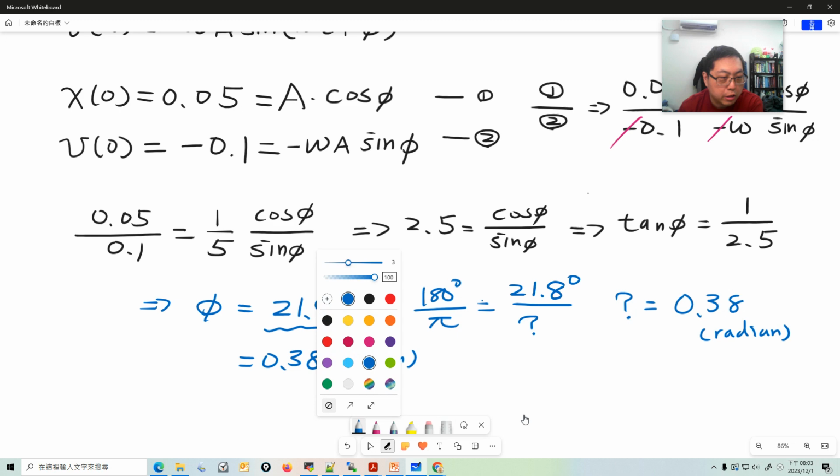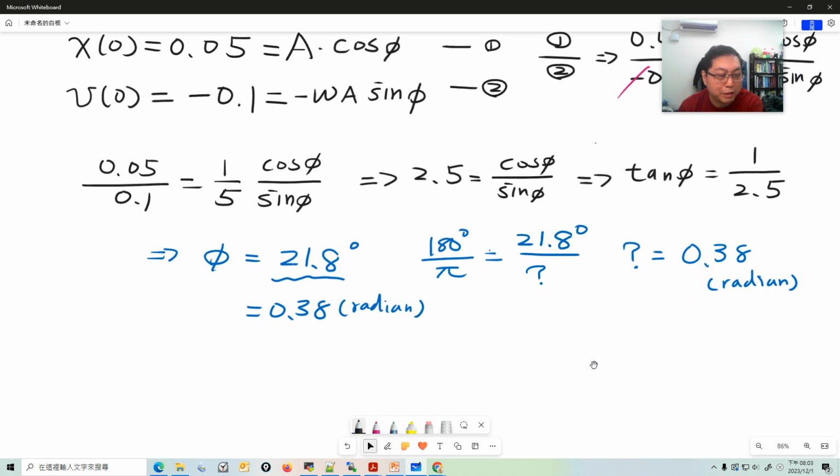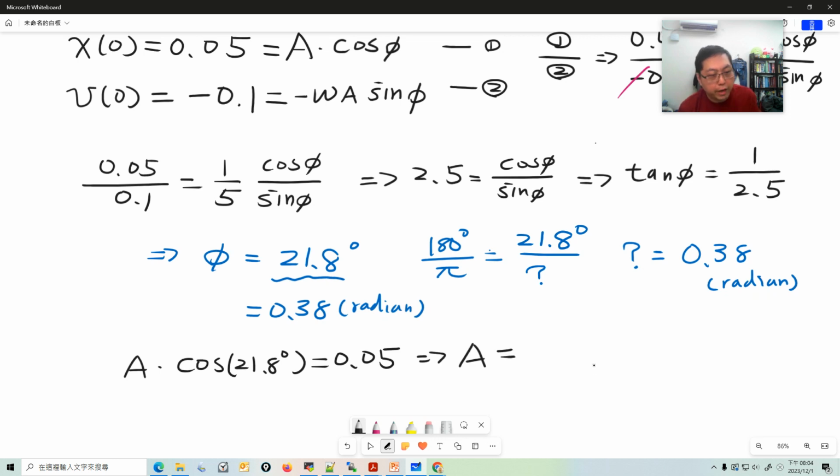So what is A? Yeah, the amplitude changes. Amplitude A times cosine of 21.8 degrees is equal to 0.05, which gives you the A. What is the value of A?